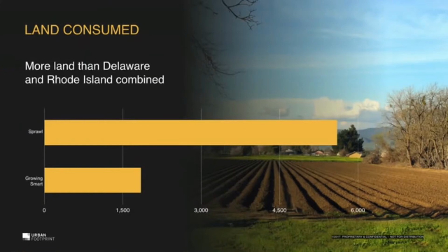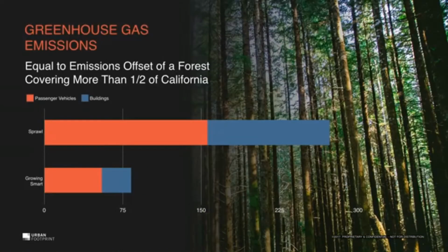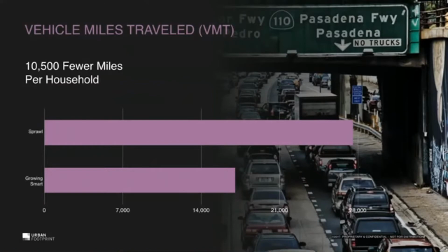The sprawl version of California almost doubles the physical footprint. Greenhouse gas, tremendous savings, because in California our biggest carbon emission comes from cars. And cities that don't depend on cars as much obviously create huge savings. Vehicle miles traveled, that's what I was just talking about.